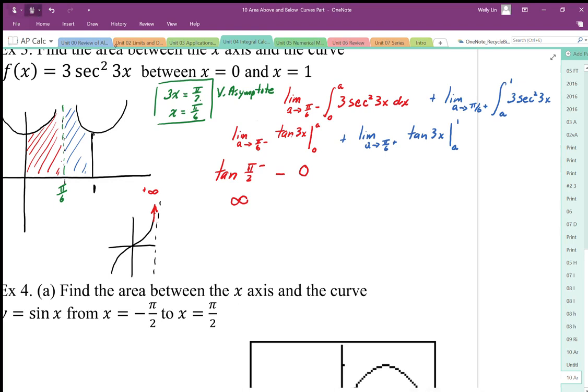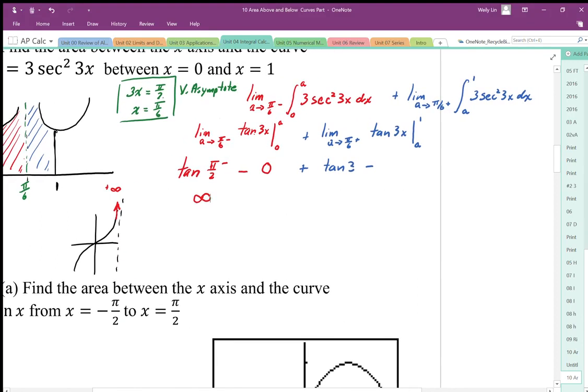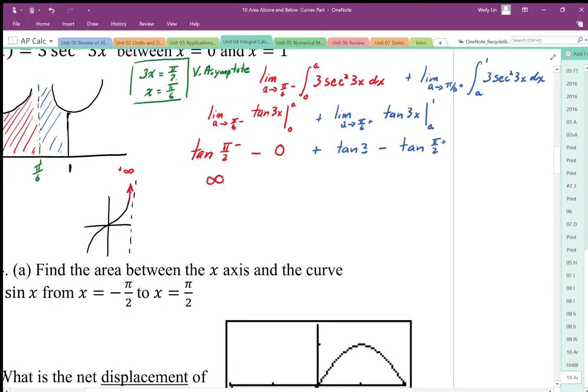Then I can do the same for this limit over here. I'm just going to plug in my value of 1, so I end up with tan 3 minus, and I'm plugging in the a value, so I get π/2. In this case, I'm approaching π/2 from the positive side. If I take a look at the tan graph, from the positive side, it is approaching negative infinity.